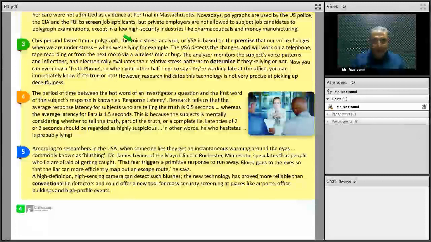Sometimes you receive this phone call from your husband or wife telling you that they are busy at the office, they need to work late. By using this machine, the VSA, you can immediately know if it's true or not. You can right away know whether they are telling the truth or not. So it is a piece of cake to know whether someone is lying or not, thanks to the VSA.